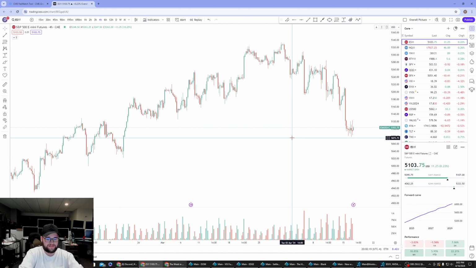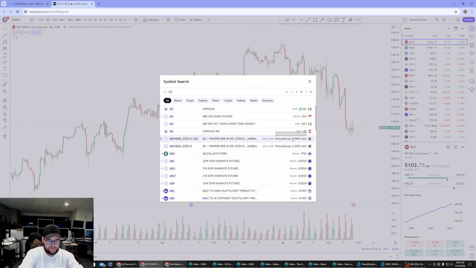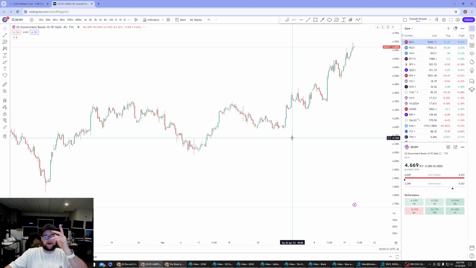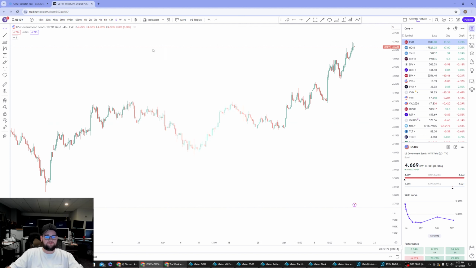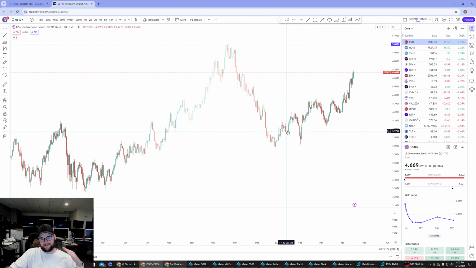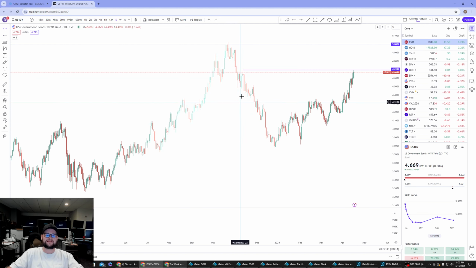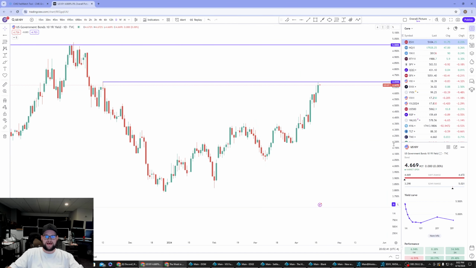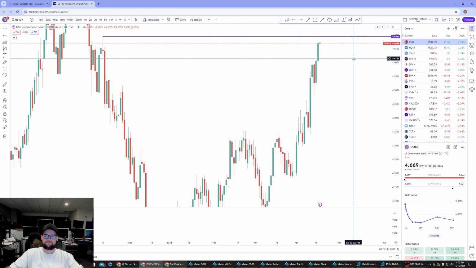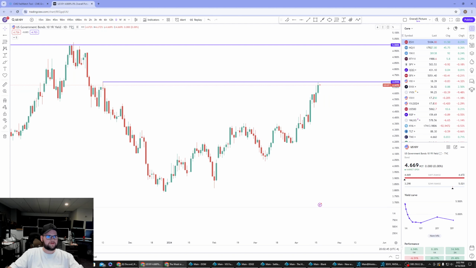If we look at the 10-year yield, which is US 10Y on TradingView, and you could also do TNX, if we go to a daily chart, you could see this thing continues higher and higher. In the near term, it tested this previous swing high from November 13th of last year. You could see that's exactly where it tested today, and then it kind of backed off.